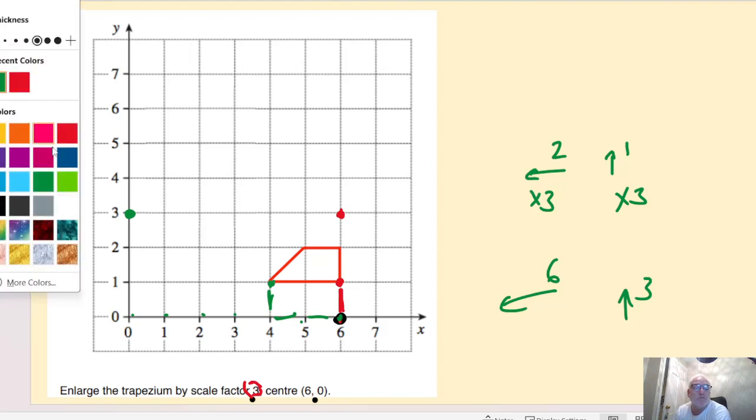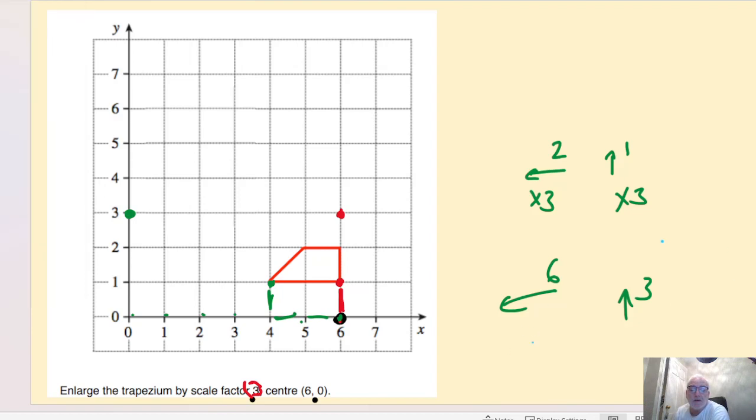Okay, I'm going to change my colour again. Let's do blue this time, and let's go for this point there.